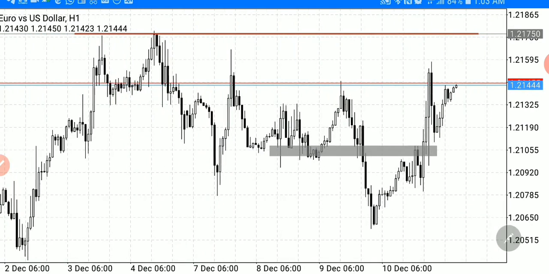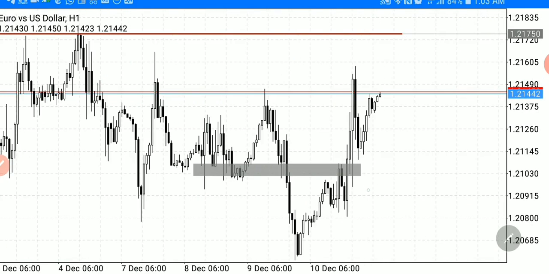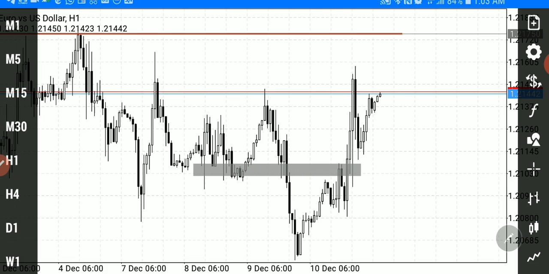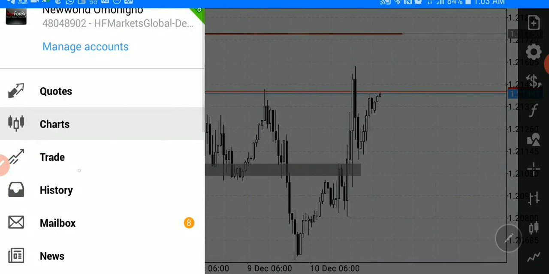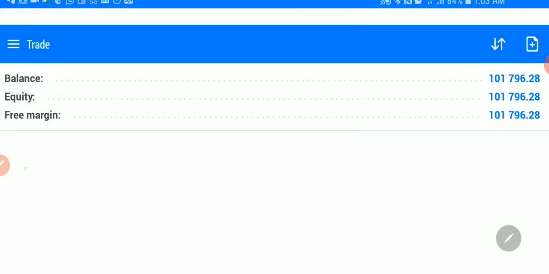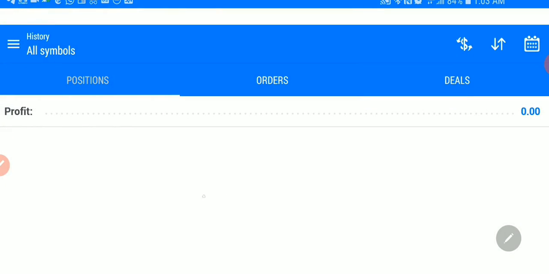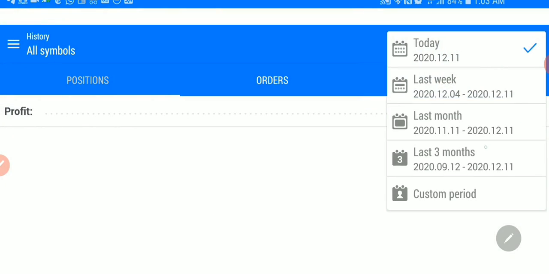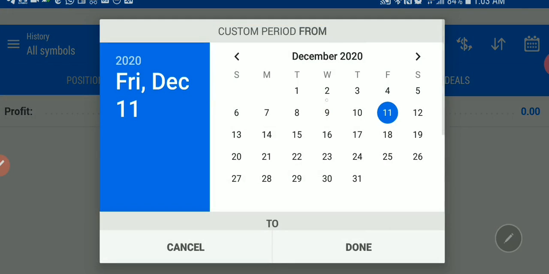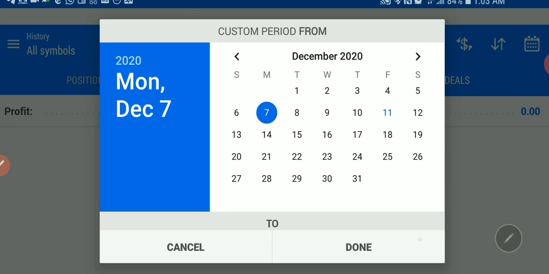So basically, I said I'm going to show you the result of my trade on the Aussie yen. So custom period, December, I took the trade on, I think, Monday.